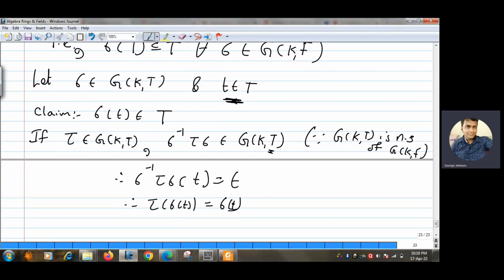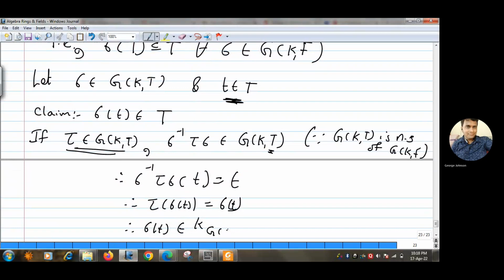Whenever I compose both sides by sigma, here sigma inverse and sigma will go, and here I'll have sigma. So what I have observed is that tau fixes sigma t. Any tau belonging to GKT fixes sigma t. That means every element of GKT is fixing sigma t. So what I can say is that sigma t belongs to the fixed field of GKT.